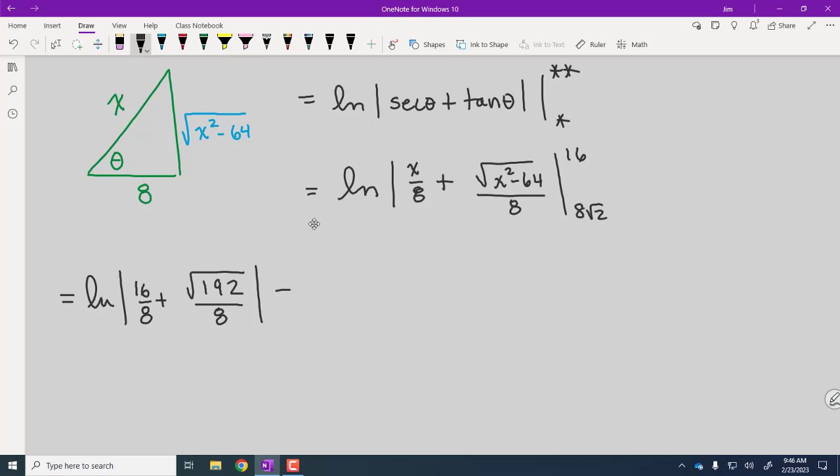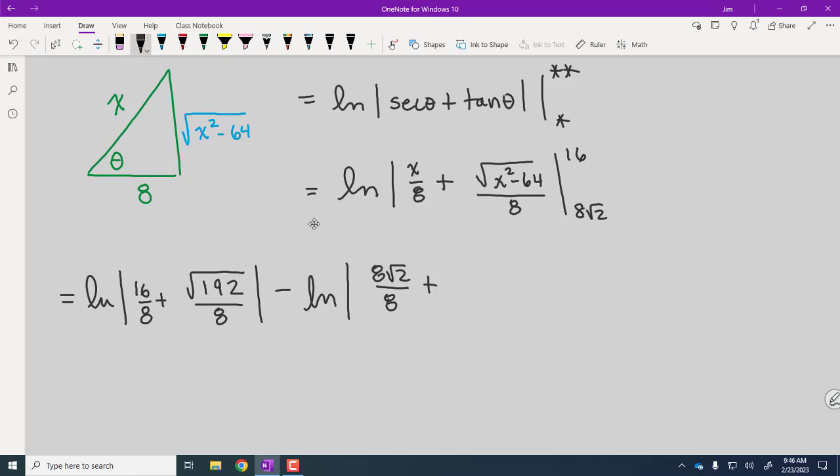And then we're going to subtract off natural log. We'll plug in the 8 root 2. And again, let's just leave that denominator alone for now. Looks like we're going to have a bunch of 8s in the denominators.